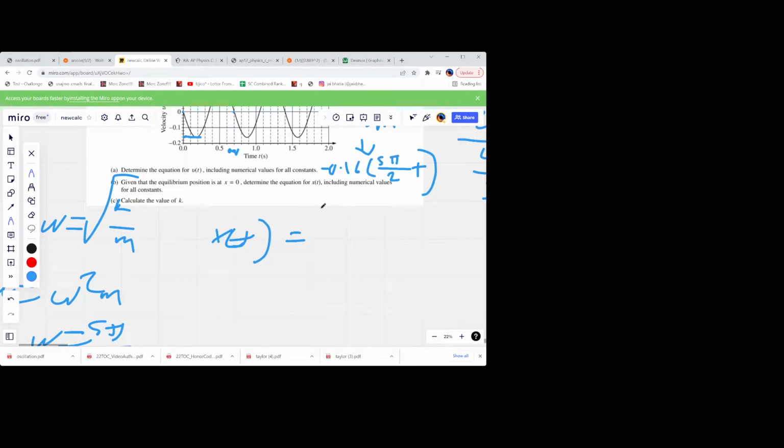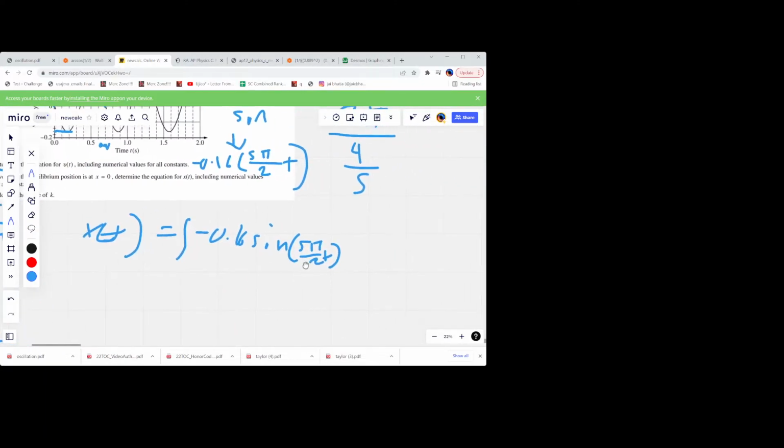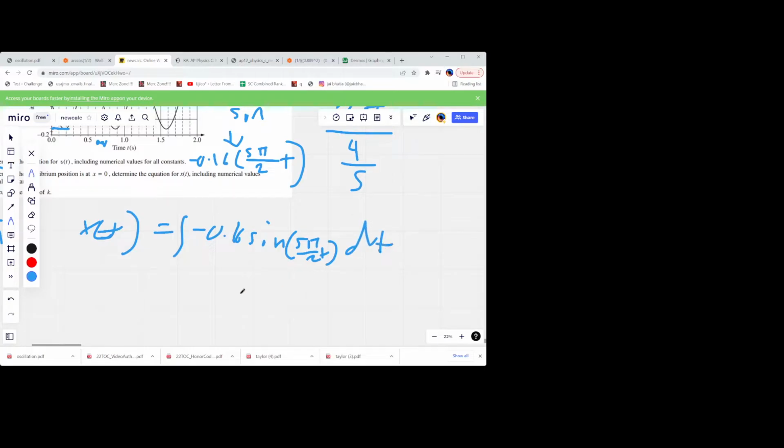So if we want to integrate this, we'll have to do u-sub basically. So the integral of 0.16 sine 5 pi over 2 t dt.